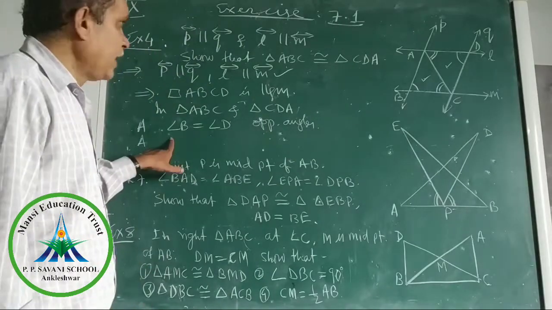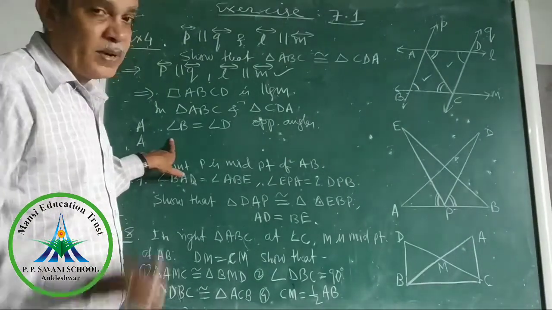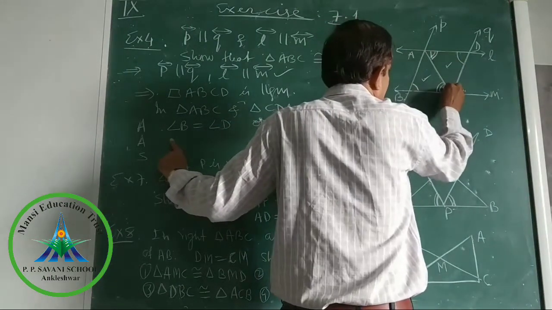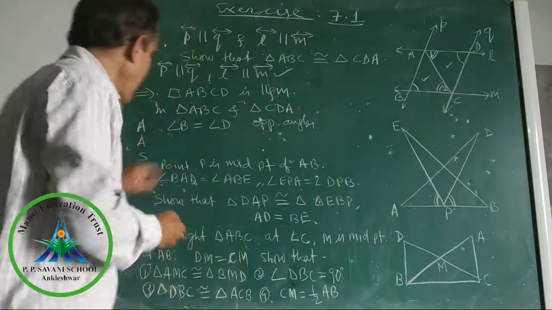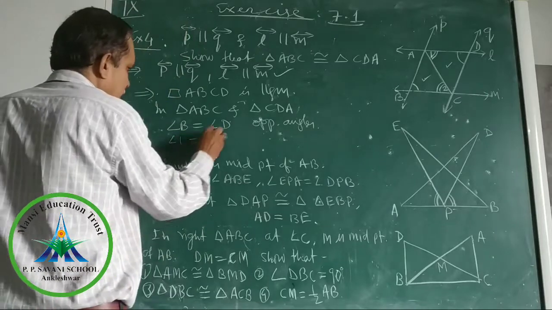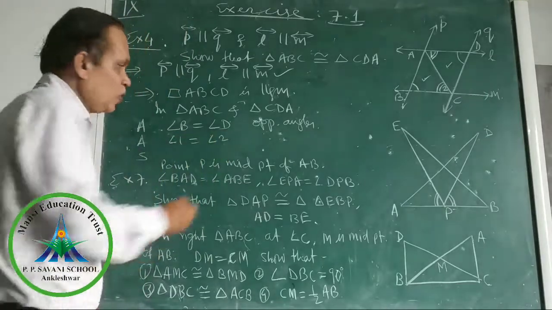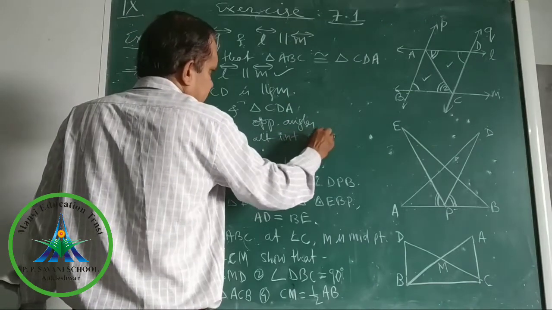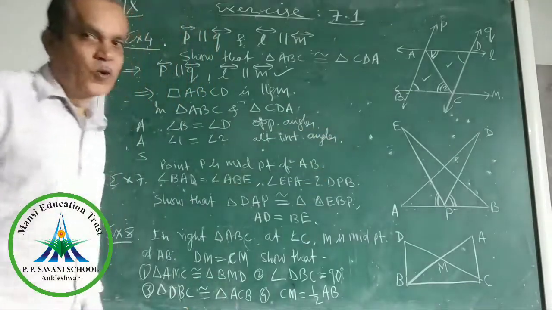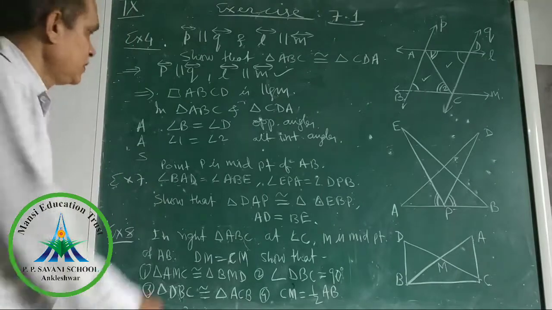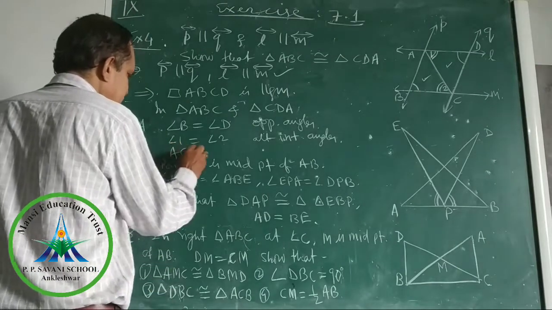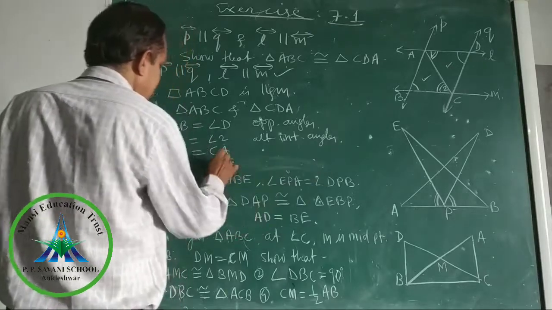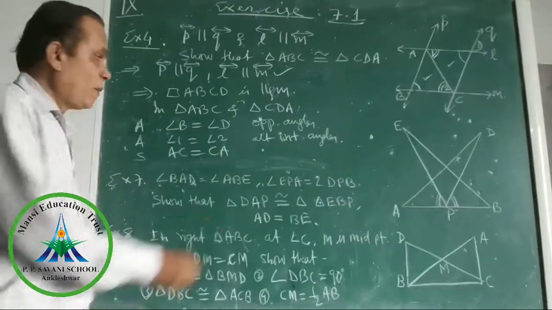And the other angle I am numbering 1 and 2. Angle 1 equals angle 2, alternate interior angles. And side AC equals CA, common.